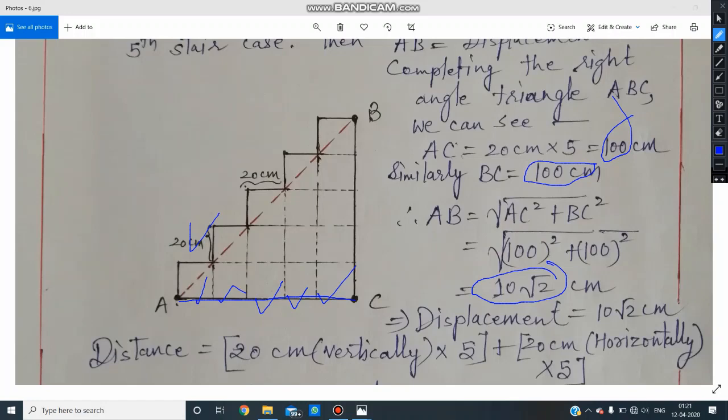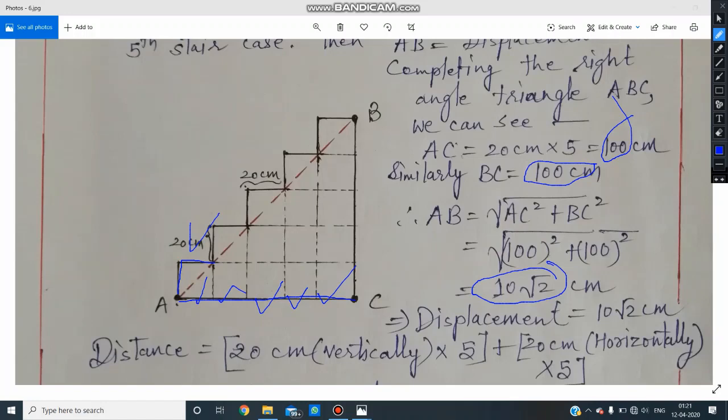This is displacement. Now, on the other hand, suppose you have to calculate distance. Distance will be the complete journey length, which you can follow: 20 centimeter upward and 20 centimeter horizontally.